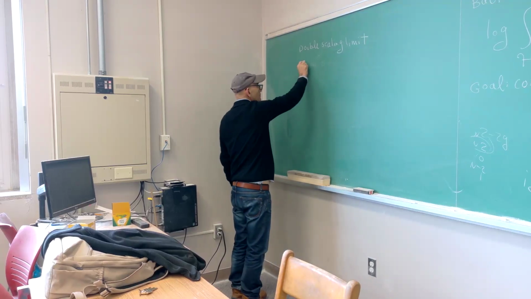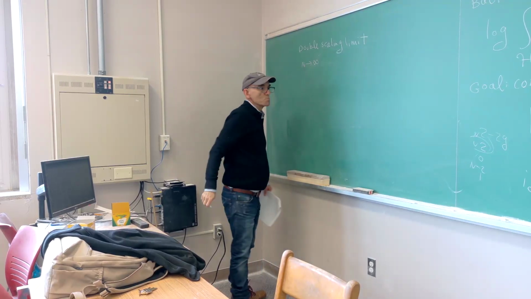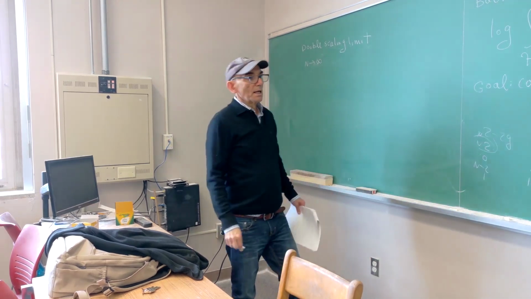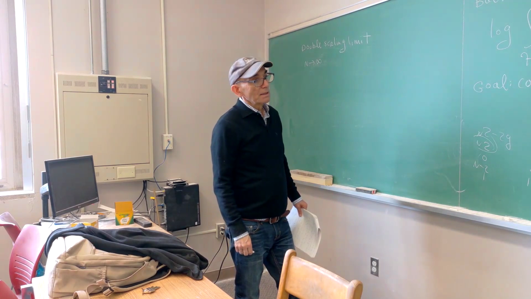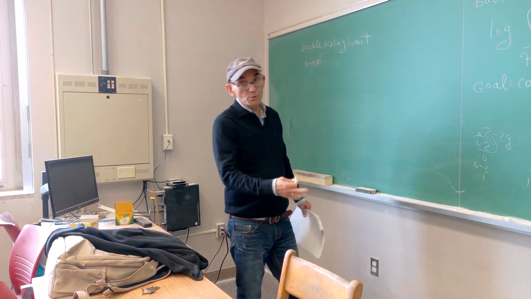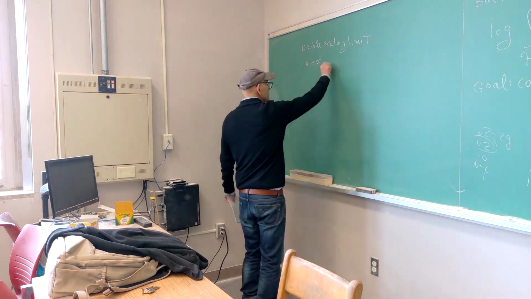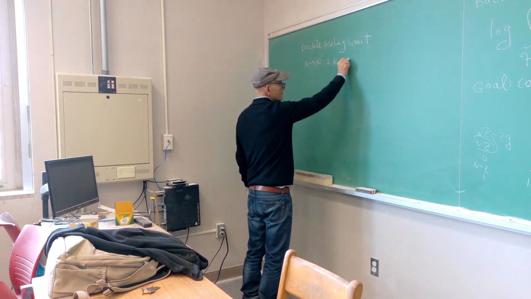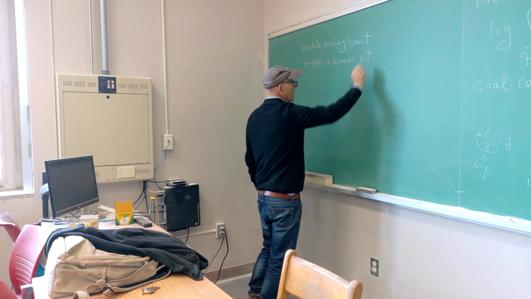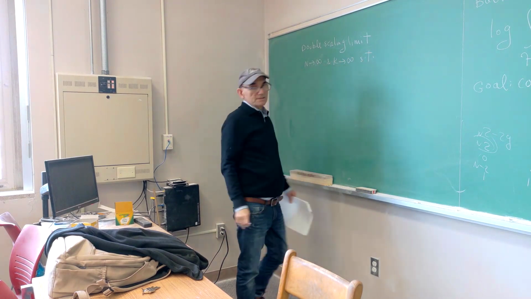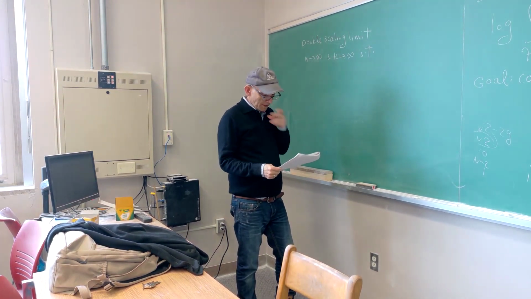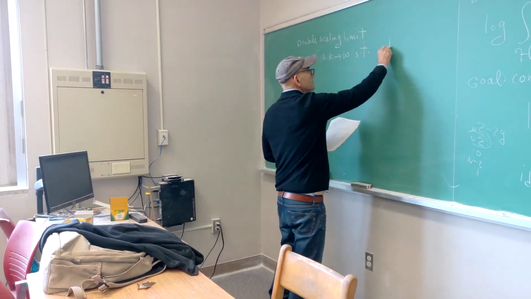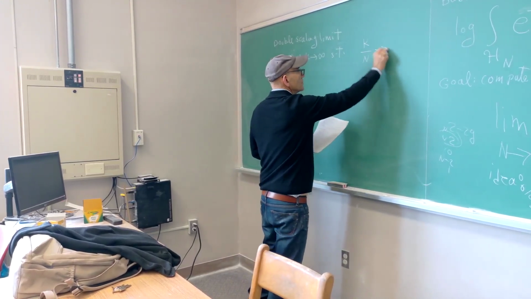We let n go to infinity, and also let k go to infinity, such that they go to infinity at the same rate, so that k over n goes to x.